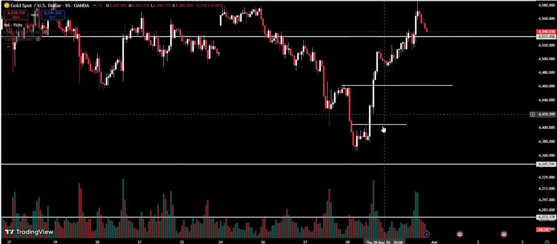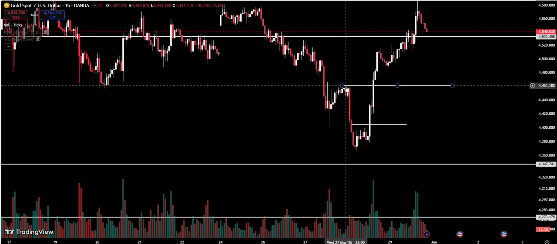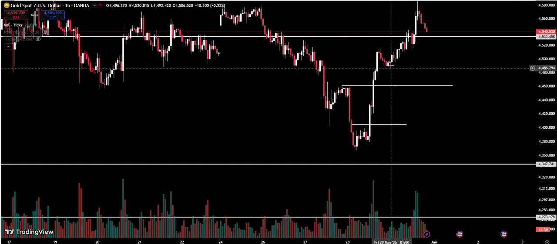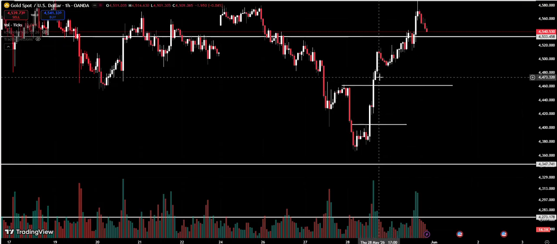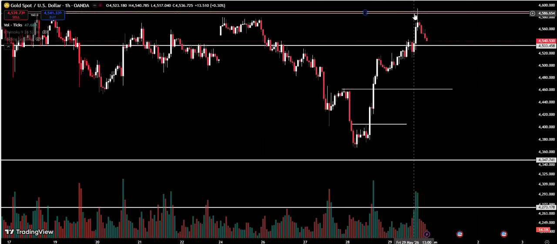The market did not come and retest, and eventually broke the structure and shifted its momentum from sell side to buy side. After breaking the structure, the market tried to come back and retest the zone, but due to the excessive amount of volume, it could not come back down and eventually went up to our resistance area and tried to reject from that zone.